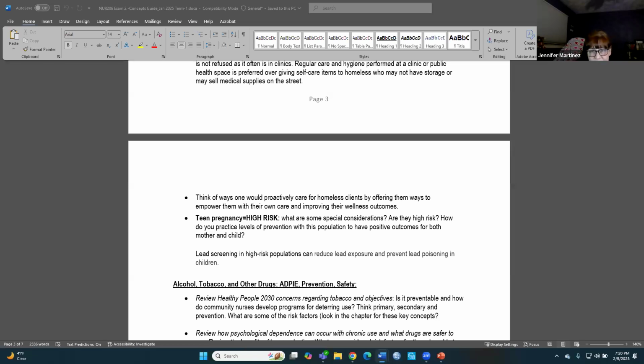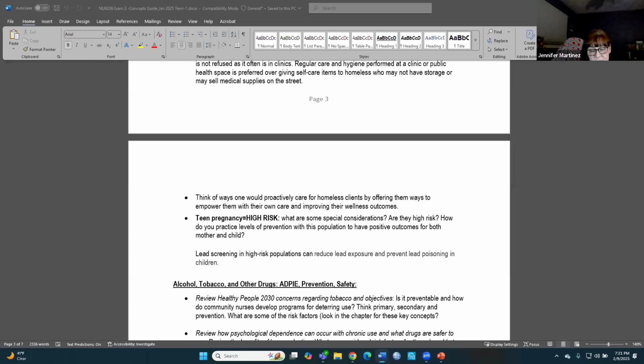As well as, what's the average eating habit of a teenager anyway, right? Pizza and fast food. They want to hang out with their friends, so their choices may not always be the best when it comes to eating. So, education about proper diet, encouraging them to go to their doctor's appointments.